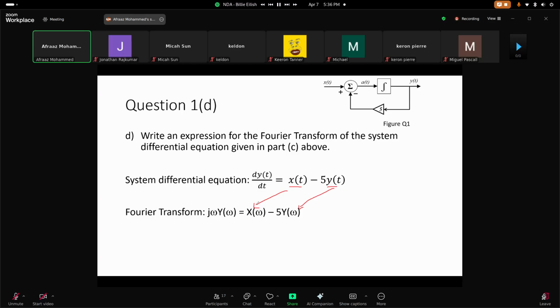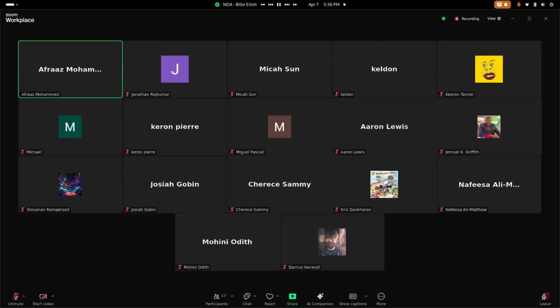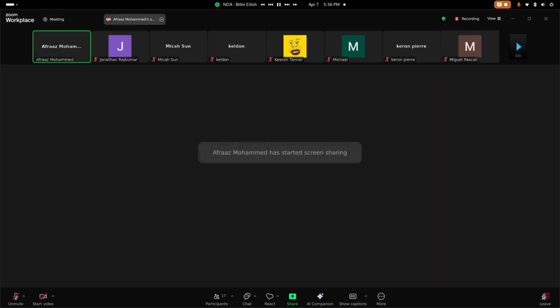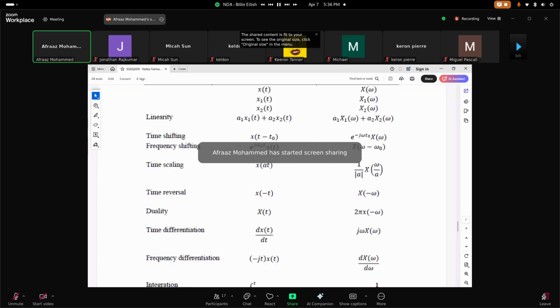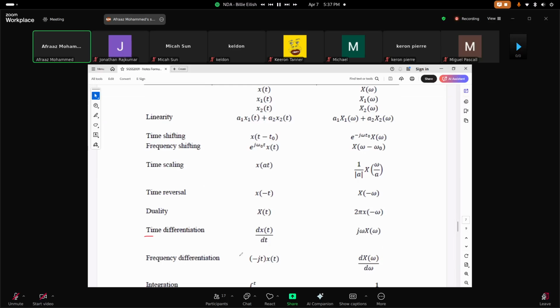Now, the next one we have to deal with is dy of t dt. So let's see how we do this one. For that, we are looking at this part of the sheet, time differentiation, right?